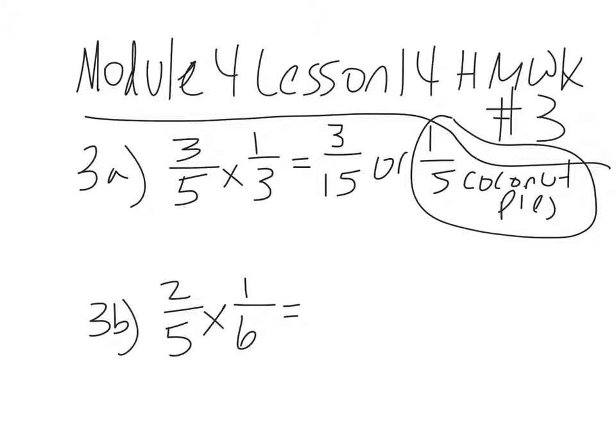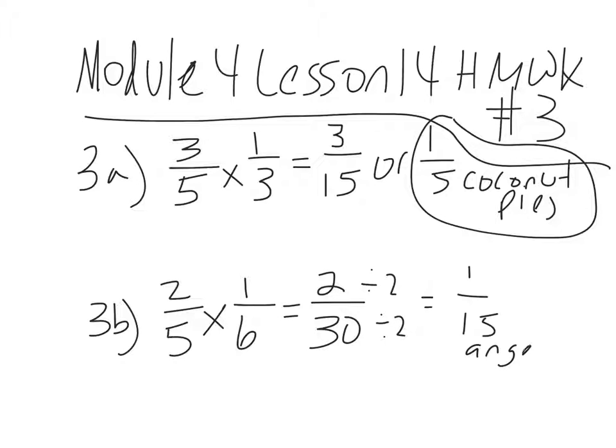Top times top, bottom times bottom, and I get 2/30. If I were to simplify that and divide it down, that would be 1/15. So 1/15 are angel food cakes.